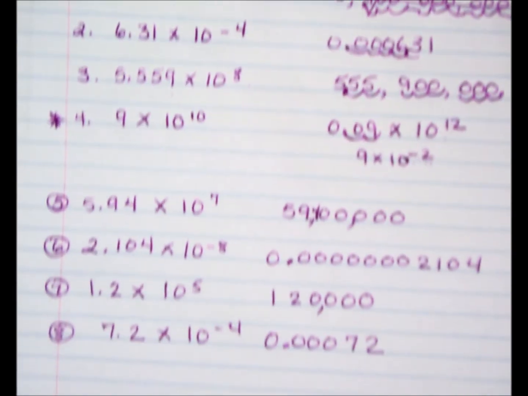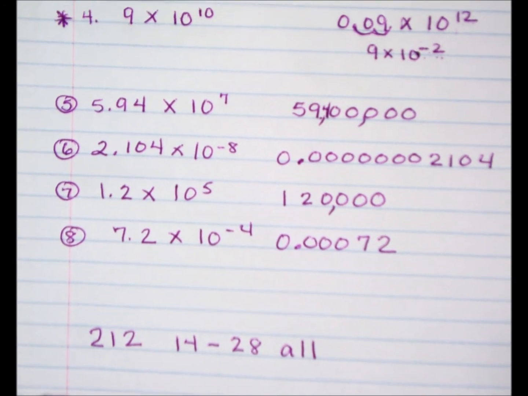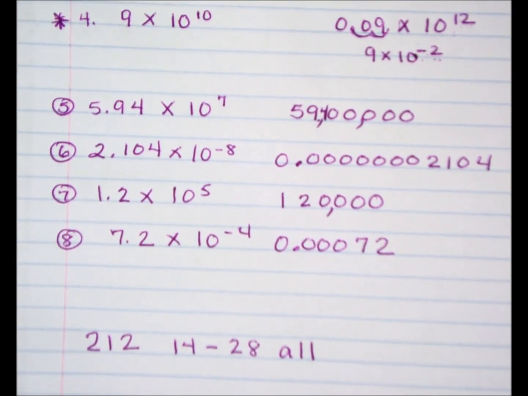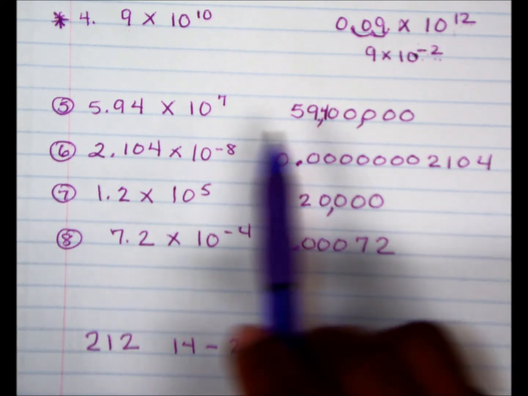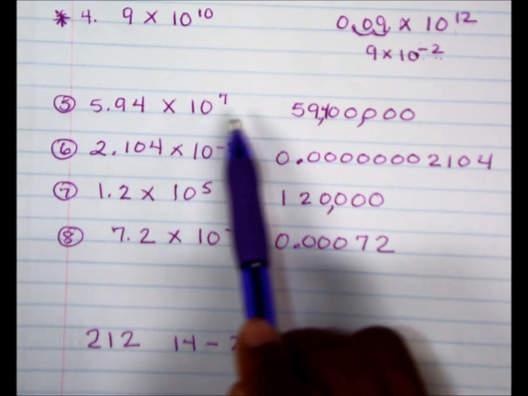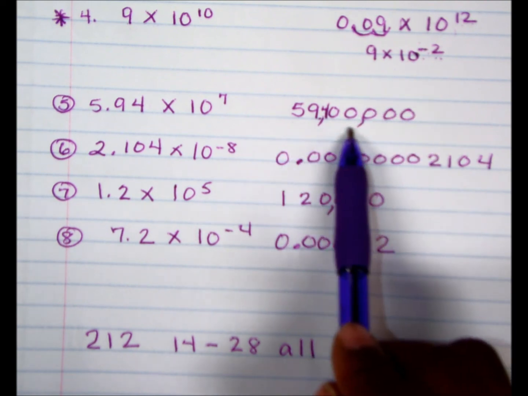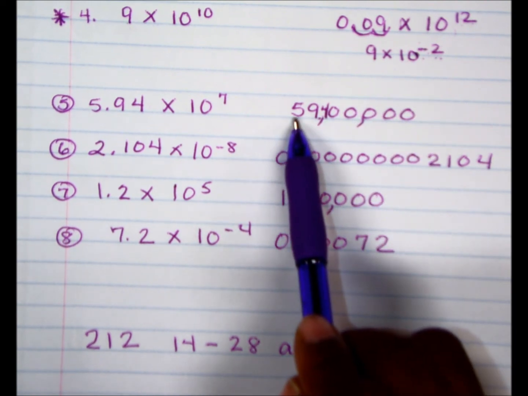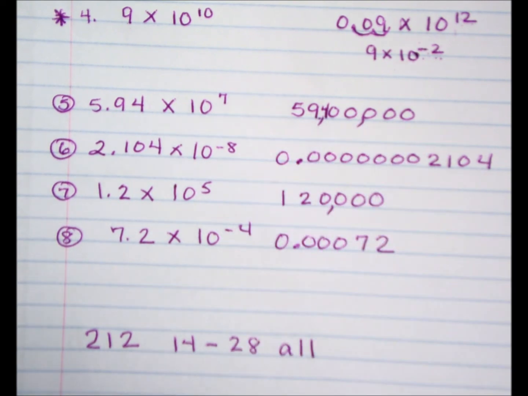Now, in the next section, they ask you to take these scientific notations and convert them to standard notation. So we started with 5.94 times 10 to the 7th power. So we already had 2 places here, so I only added 5 more zeros, 1, 2, 3, 4, 5, to make 59,400,000.